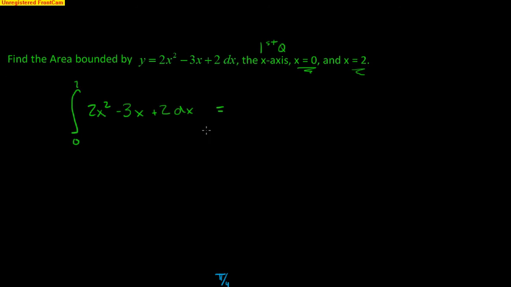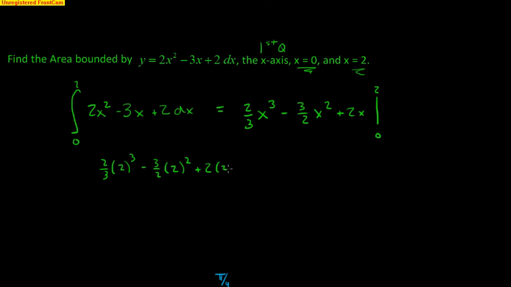And we just do the same thing here. We do our power rule. So this will be 2/3 x cubed minus 3/2 x squared plus 2x, and this is going from 0 to 2. And now we do top minus bottom. So I got 2/3 times 2 cubed minus 3/2 times 2 squared plus 2 times 2.